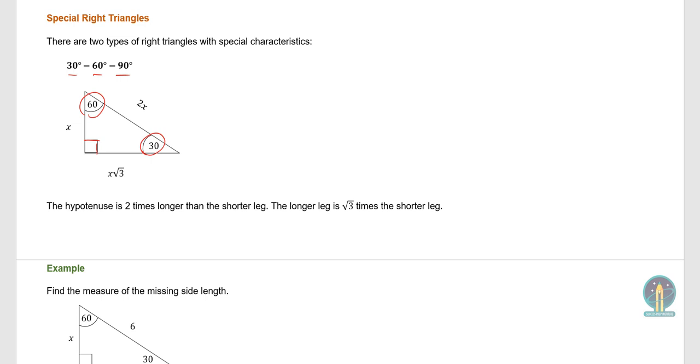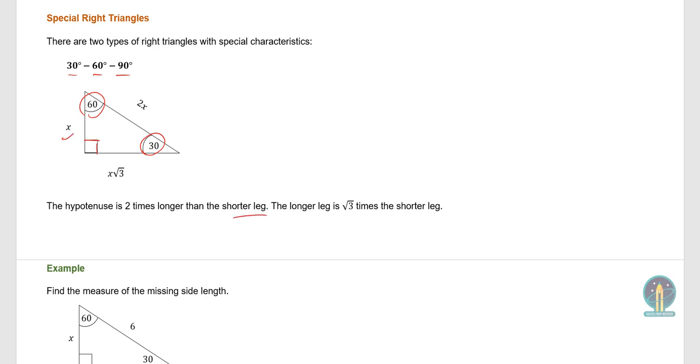And the special features of this triangle are that there are established relationships between the sides. Okay, so the hypotenuse is always 2 times longer than the shorter leg.